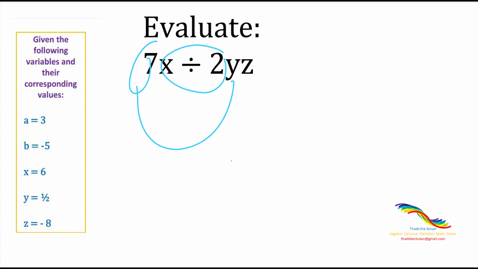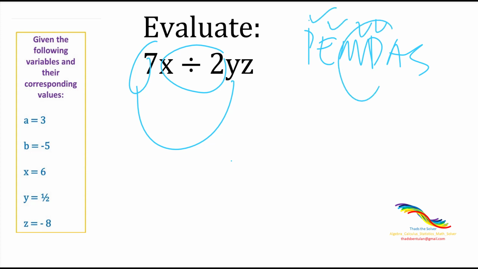You can do that, because if we follow PEMDAS, that's parentheses, exponents, multiplication, division, addition, subtraction. The multiplication and division, you can do either way, whether you do the multiplication or division first, it doesn't matter. In the presence also of addition and subtraction, you can also do this either way.